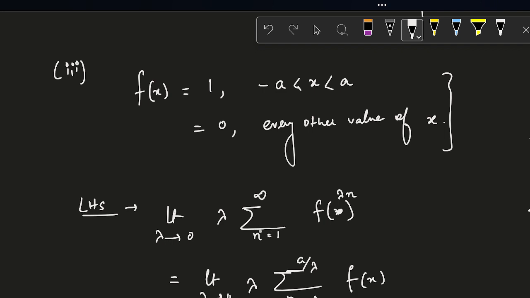Otherwise how can you take the summation of n from 1 to infinity? So you have to use lambda n here, otherwise it might be confusing. So here also this is not f of x, but x is replaced by lambda n as per the formula in the theorem.